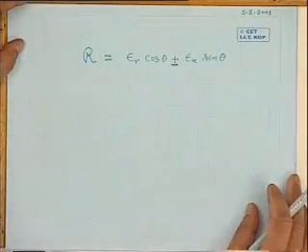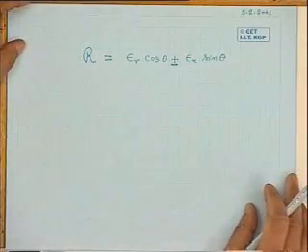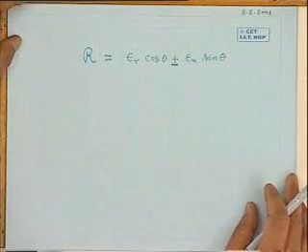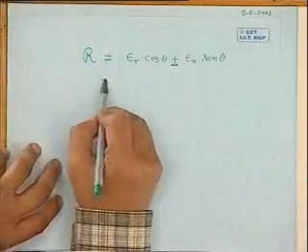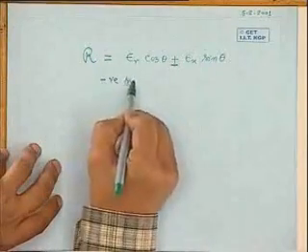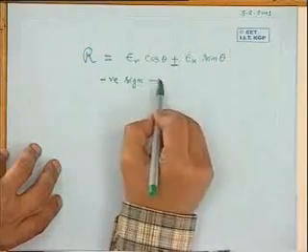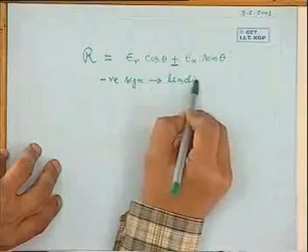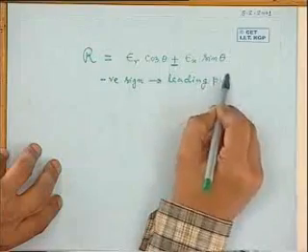Minus sign corresponds to the leading power factor load, and plus sign corresponds to lagging power factor load. So negative sign corresponds to leading power factor load.